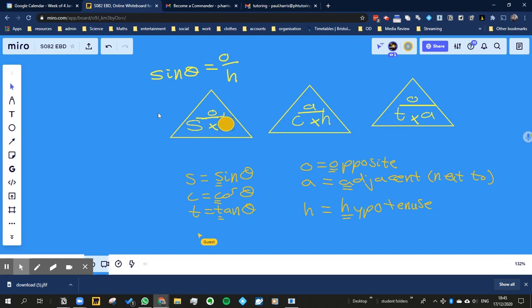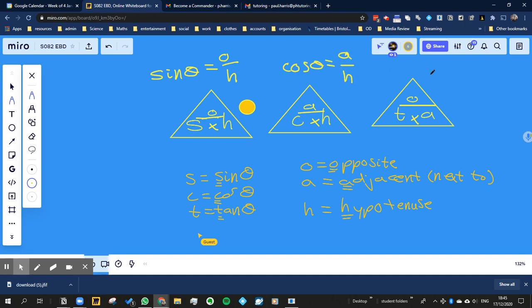So hypotenuse would be equal to opposite over sine theta, or the opposite would be equal to sine theta times the hypotenuse, and so on. So this one is now going to be cos theta is equal to adjacent over hypotenuse, and this is tan theta is equal to opposite over adjacent.